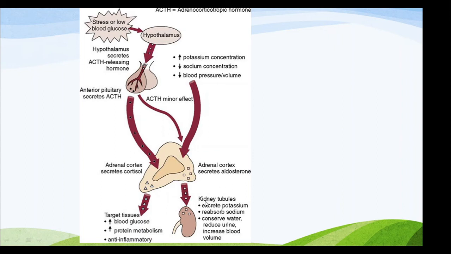Aldosterone affects the kidney tubules to excrete potassium, reabsorb sodium, conserve water, and reduce the urine volume. Reduce urine and increase the blood volume. Okay, so this is a function of the ACTH. The black dots are a function of the ACTH: increases potassium concentration, decreases sodium concentration, decreases blood pressure or volume.